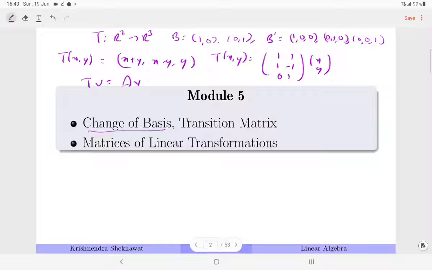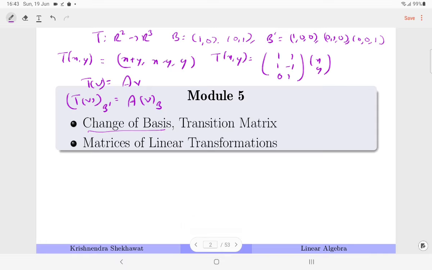But at the same time, it's interesting to observe that this is T of V. So the coordinates of T of V with respect to B dash can be written as A times the coordinates of vector V with respect to basis B.